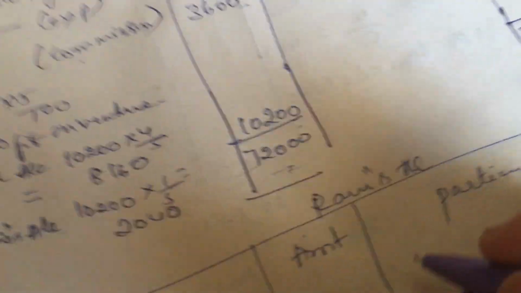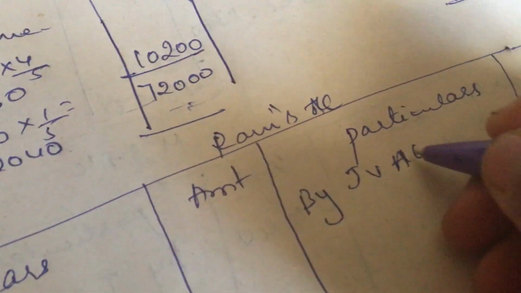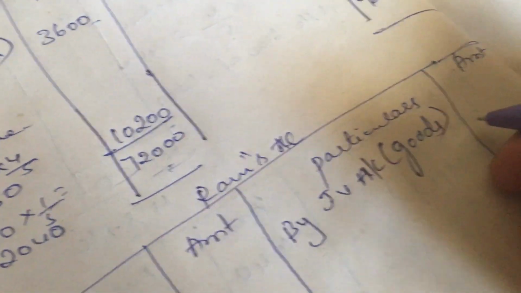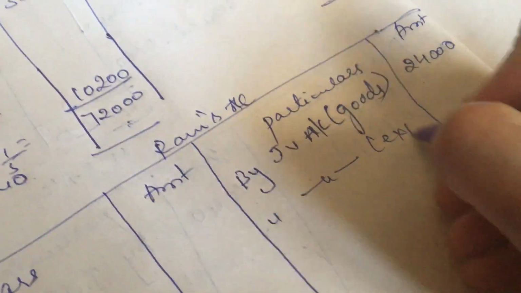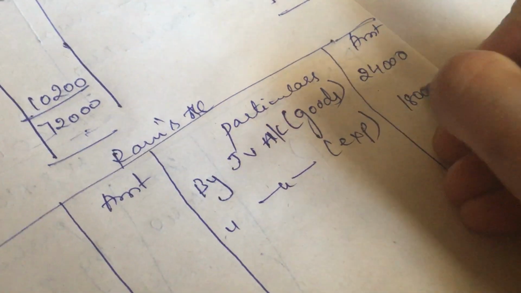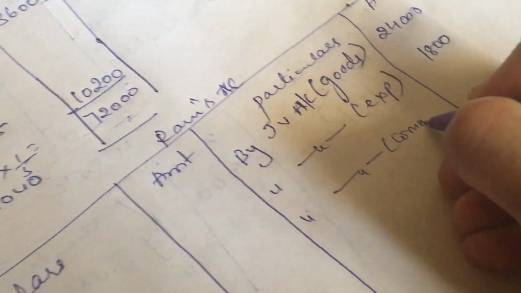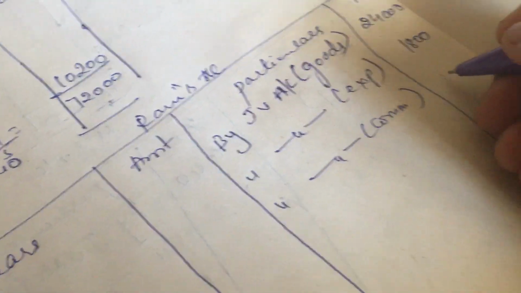First one, for the goods supplied by joint venture account, the amount is 24,000. For expenses paid by joint venture account, the expenses she paid is 1,800, and the commission she is getting by joint venture account is 3,600.